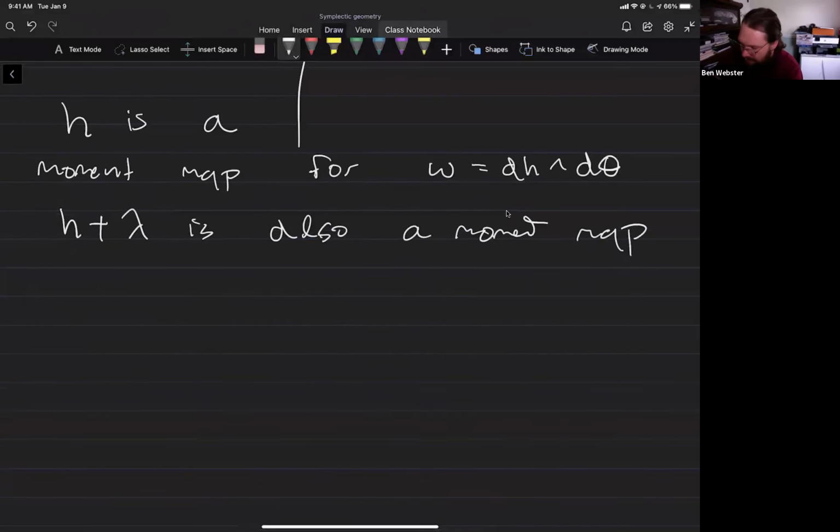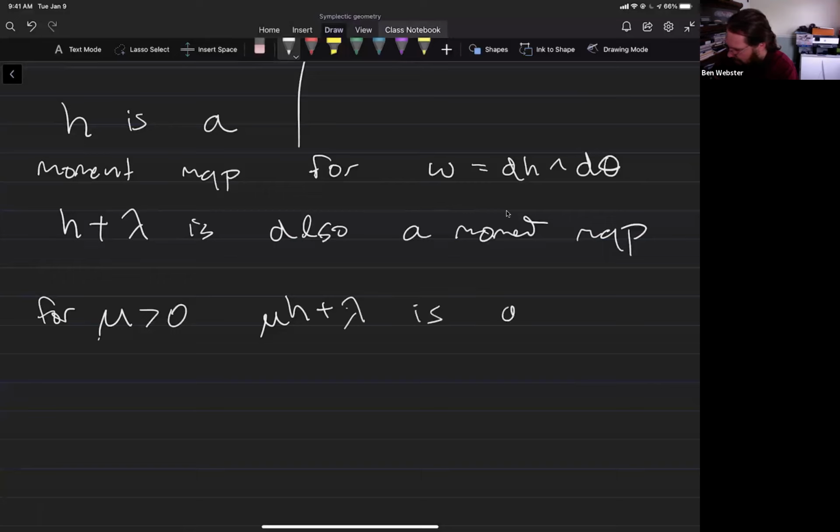But the other thing is that for mu, any positive real number, mu times H, I hope that I'm going to get this right, plus lambda is a moment map for mu times omega, which is also a perfectly valid symplectic form on the two sphere, right?